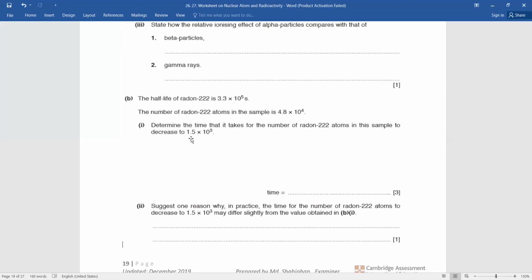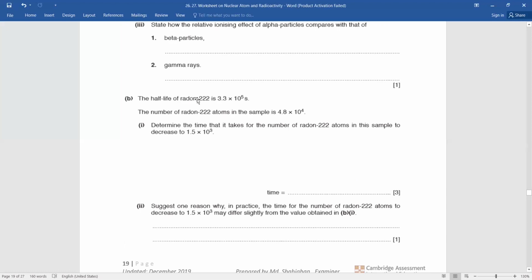Let me take the math up, sir, step by step. 32 is 2 to the power 5, so 5 half-lives, right? So here you have 48.